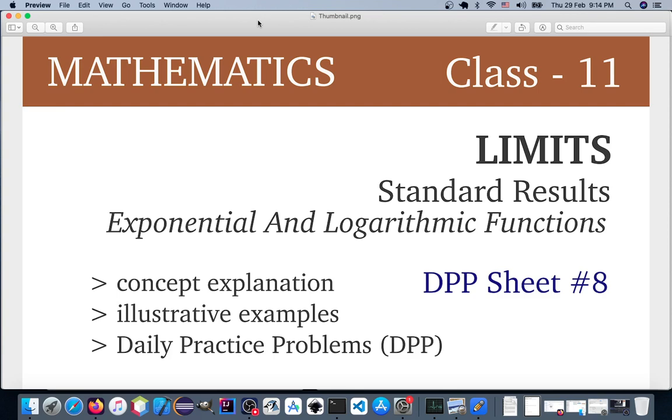Please check out the playlist Maths 11 Limits to understand all the methods of finding limits I've already discussed. In this video, I will discuss how to use the standard results to find limits of exponential and logarithmic functions.